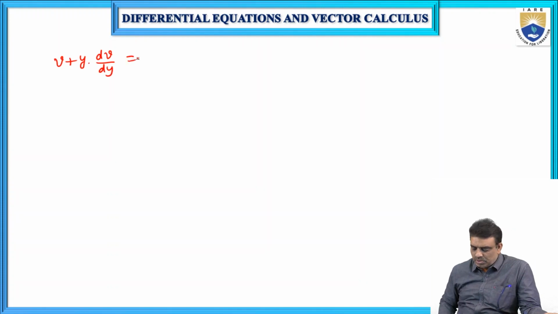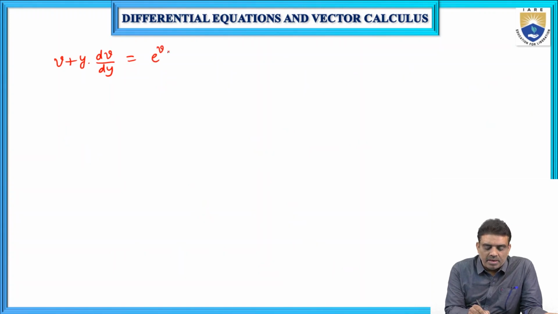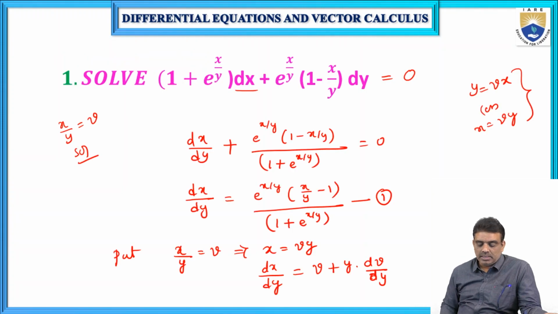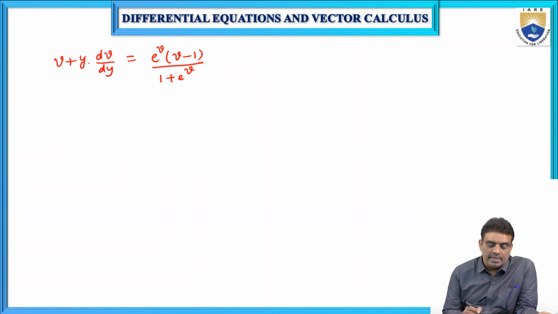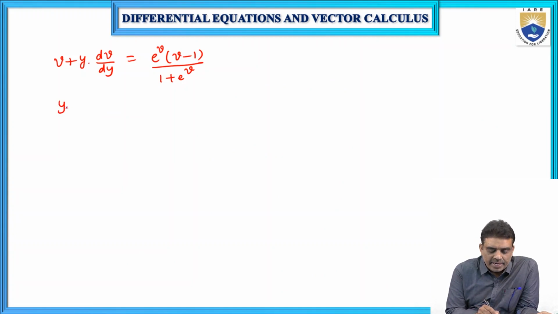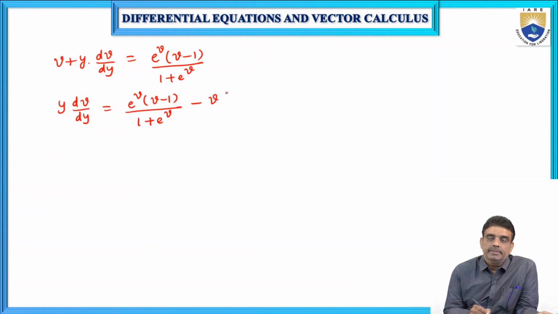is equal to, on the right side, the function e power v into (v minus 1) by (1 plus e power v). The total function is changed in terms of v and y only. Or I can write y into dv by dy is equal to e power v (v minus 1) by (1 plus e power v) minus v.